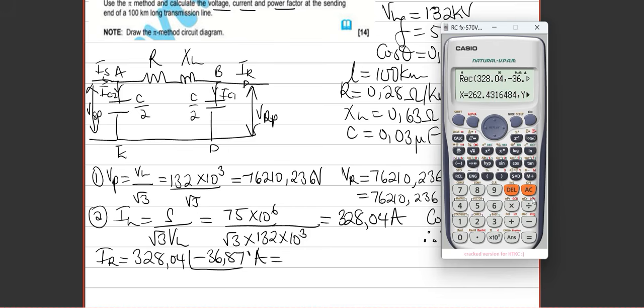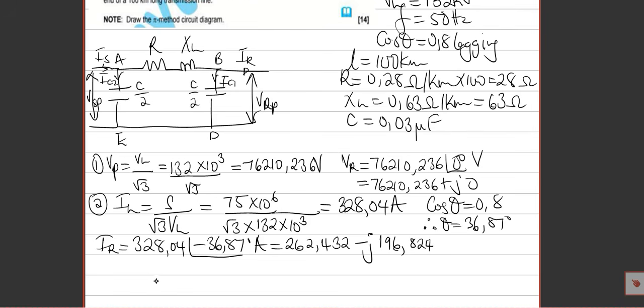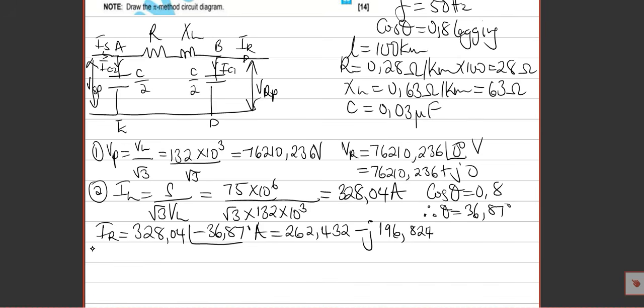We have this value here. So it's going to be 262,432 minus J 196,824. Done with my IR value.